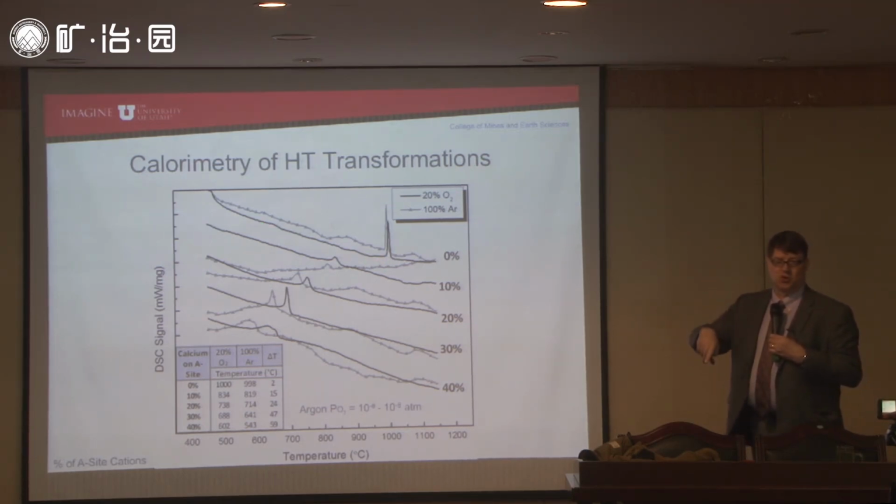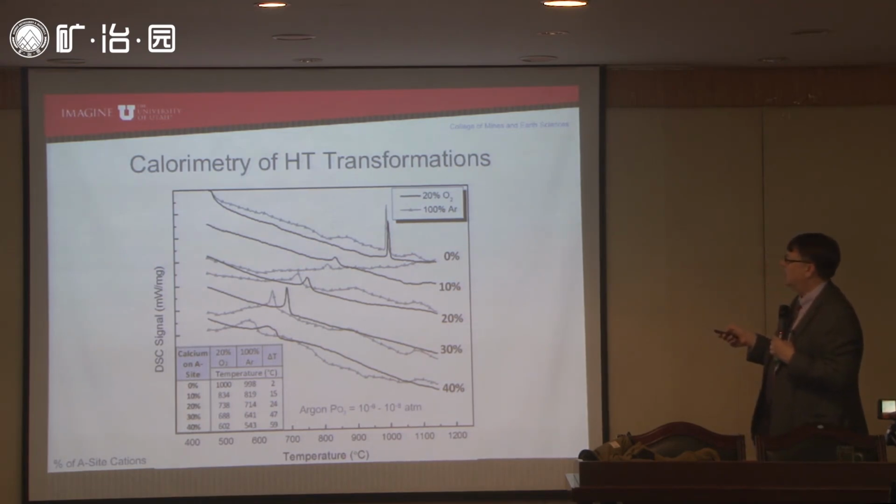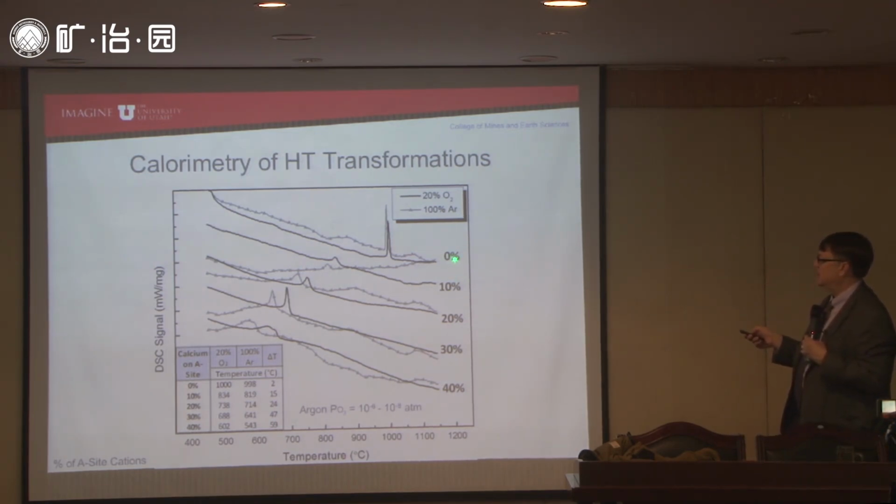Heat has been absorbed in this particular case. So this is 0% calcium, 10, 20, 30, and 40% calcium. Okay, so as I heat this material up in air or in an inert atmosphere, and by inert what I mean is we have about 5 parts per million oxygen in it. So as we heat this material up, we see a peak.